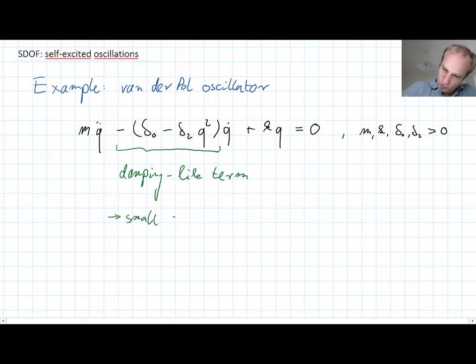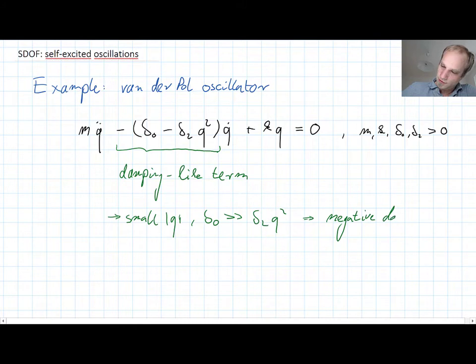So for small q, let's just write this down. Where delta 0 is much larger than delta 2 q squared, so effectively we have a negative damping.